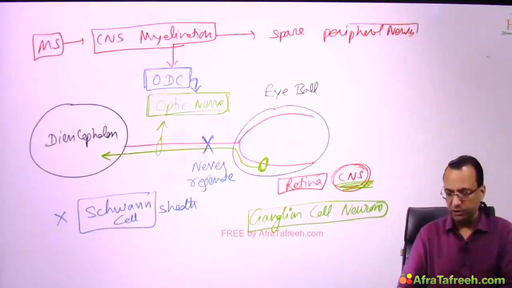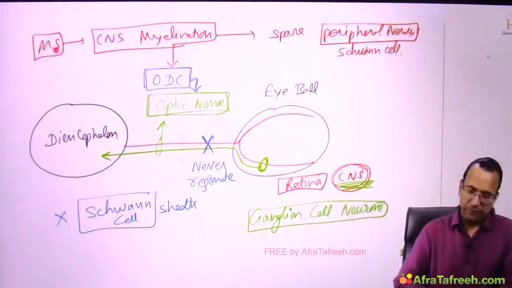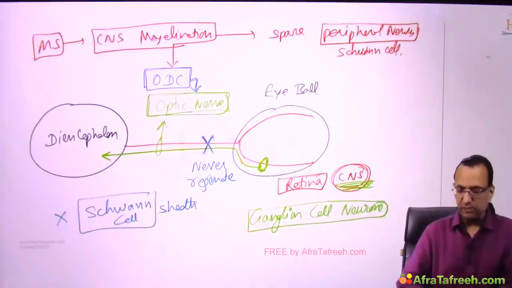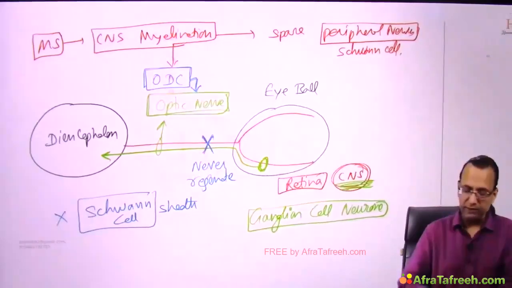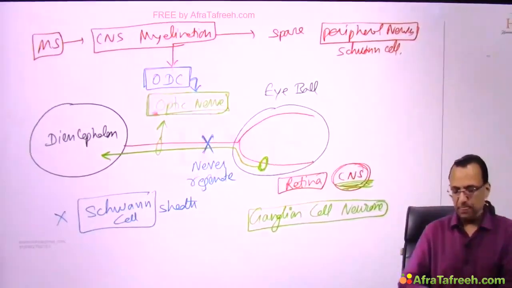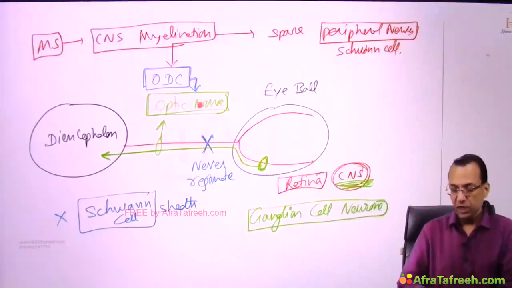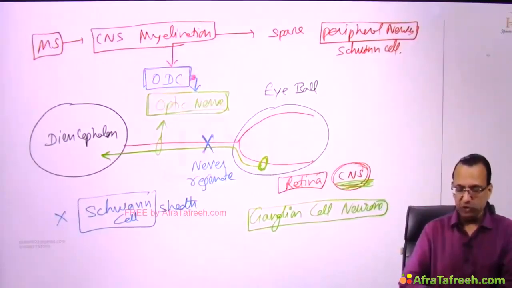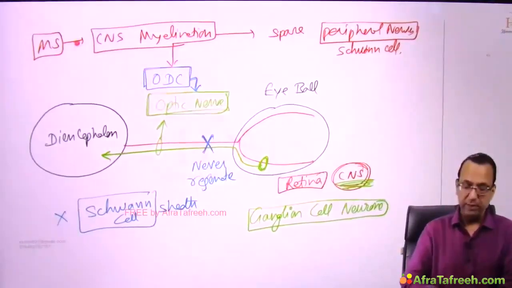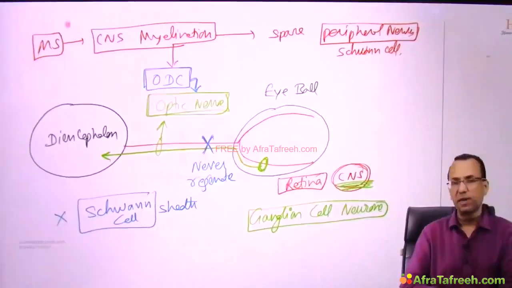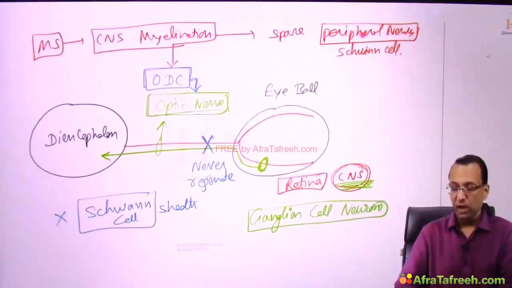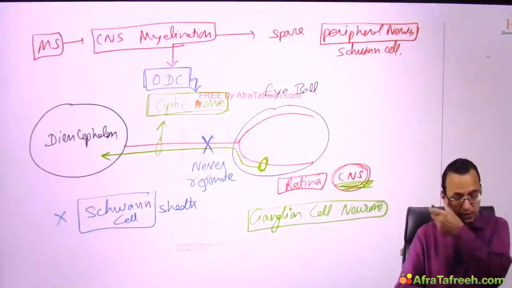Because the peripheral nervous system is myelinated by Schwann cells, and this is not a problem of Schwann cells. Multiple sclerosis cannot spare the optic nerve. The optic nerve is definitely going to get involved in multiple sclerosis because it is a part of the CNS myelinated by oligodendrocytes, so it cannot escape the injury of multiple sclerosis. Multiple sclerosis may spare some of the peripheral nerves, but it will definitely involve the optic nerve, which is in fact not a nerve, it is a CNS tract.